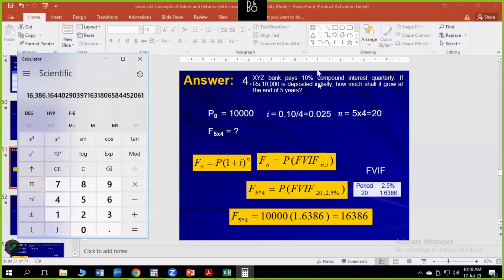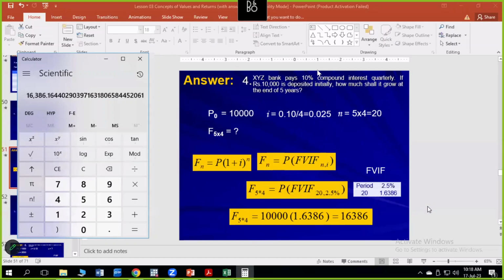So that is compounding done quarterly. So the 10% compound interest rate for 10,000 rupees gives you the value at the end of the 5 years, which is 16,386.